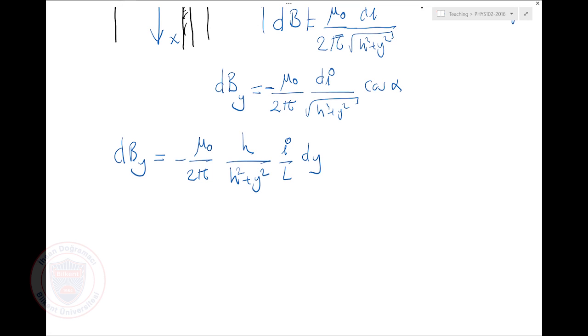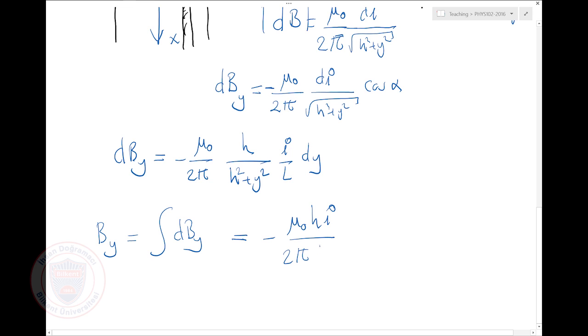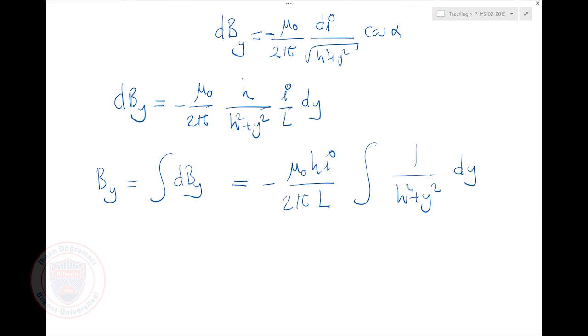So how do I find By? I have to integrate dBy. Let's write all the constants out: mu 0 H I over 2 pi L, integral of 1 over H squared plus Y squared dy. What are the limits of my integration?